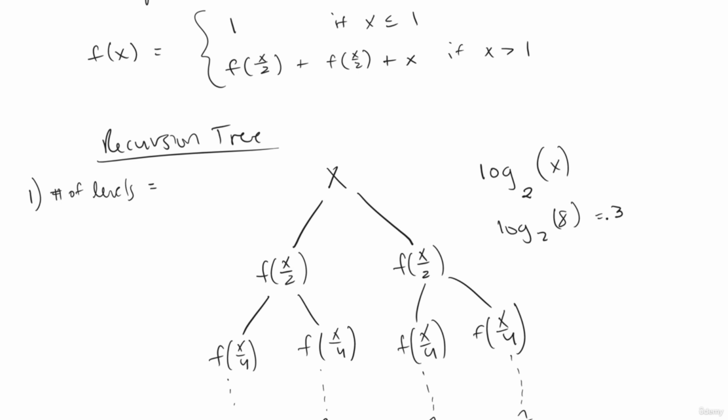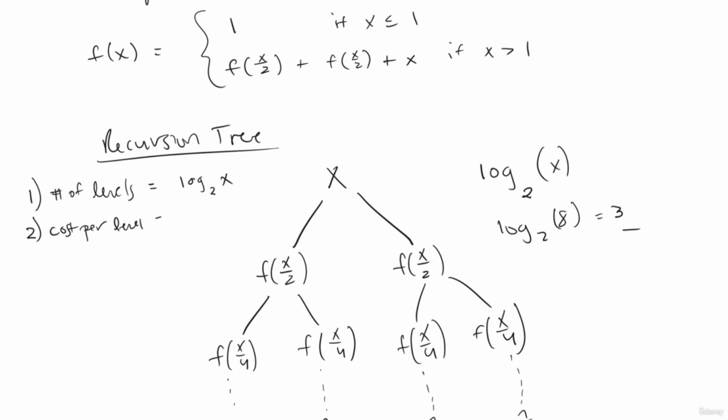And so I know that for any given input, the number of levels is going to be equal to this. And so I'm going to write here, the number of levels is going to be the log base 2 of x. And the next thing you do is you think about it and go, all right, so what is the total cost per level?